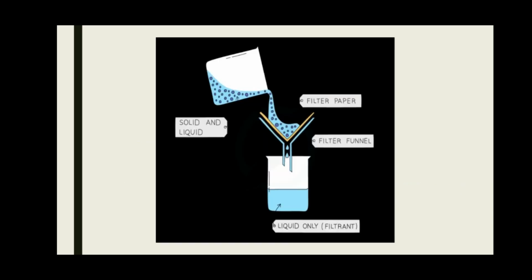So your sand particles get trapped in the filter paper and are left behind as a residue, and your liquid will escape through the filter paper and be collected in the beaker underneath, and is called the filtrate.